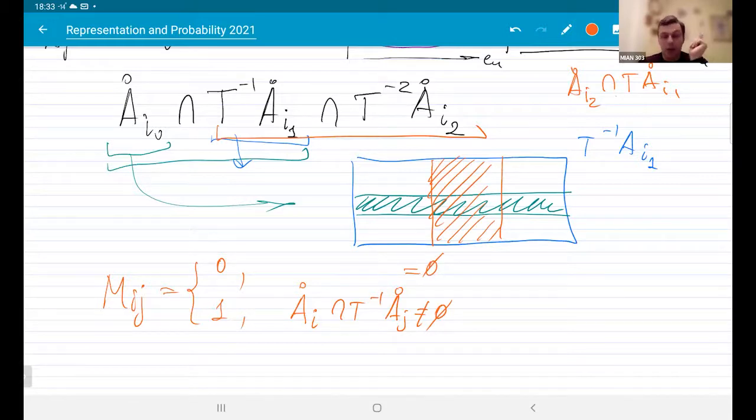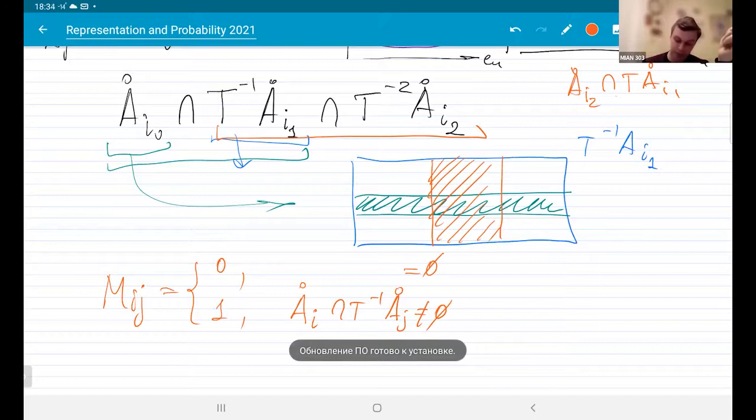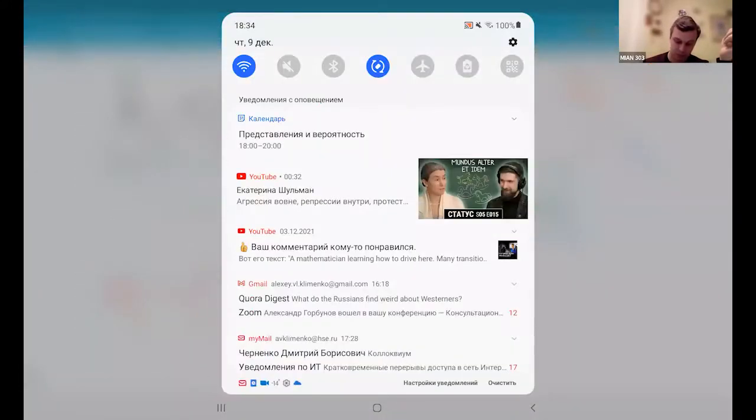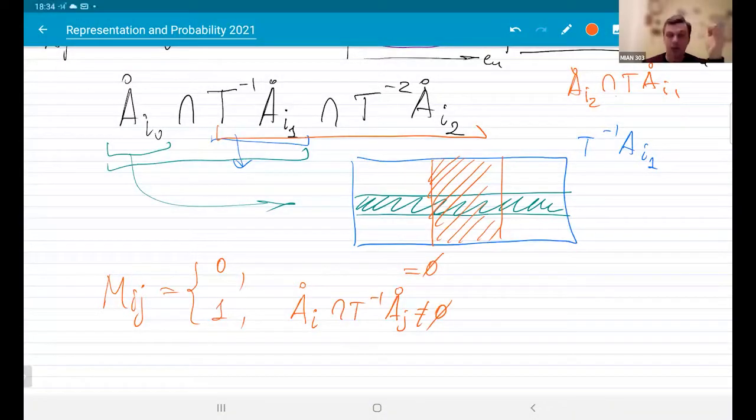Case 1. If this intersection is empty, well, then the whole intersection is also empty.